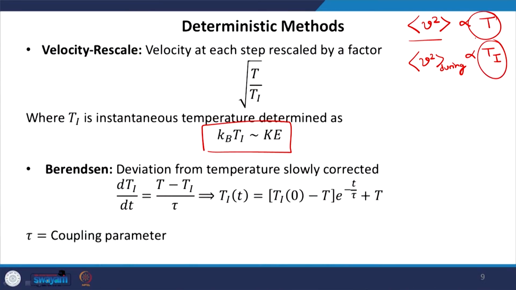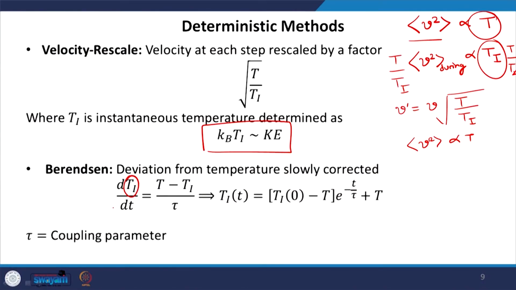And since we have a way to figure out the new temperature, we rescale the velocities by multiplying both sides with T by Ti, and the new velocity would be the velocity multiplied with the square root of T by Ti. This ensures that the mean square of the new velocity will again be proportional to T, and we are going back to the temperature that we wanted to work with.